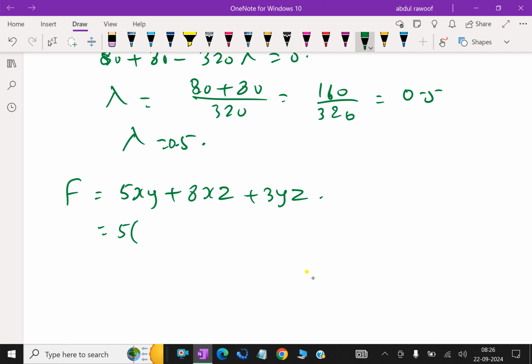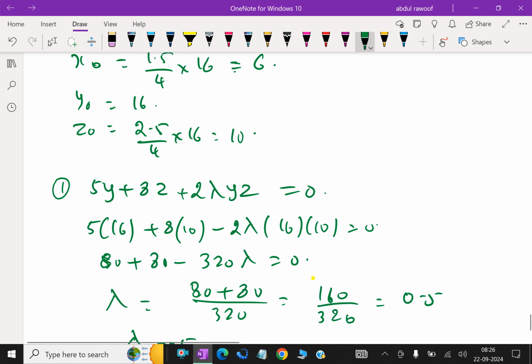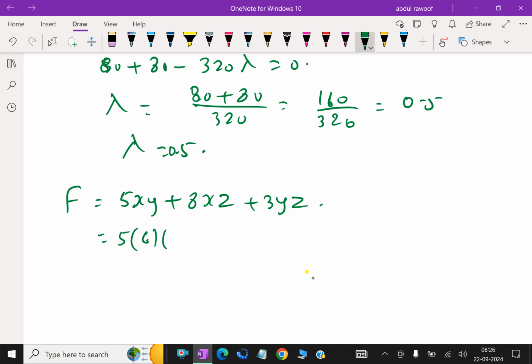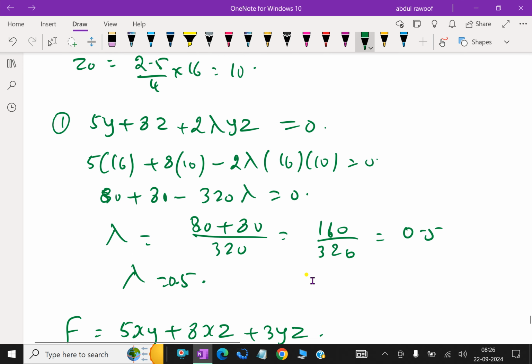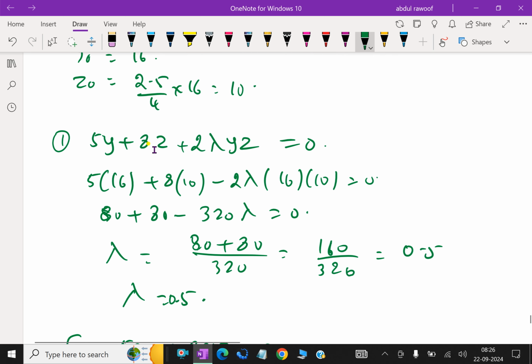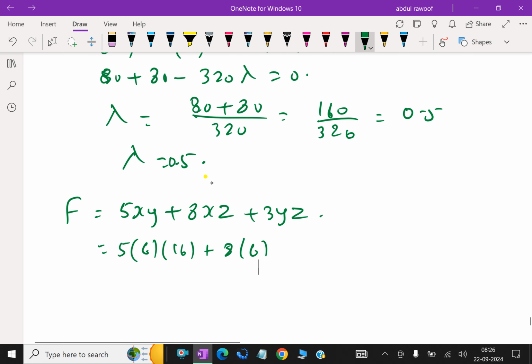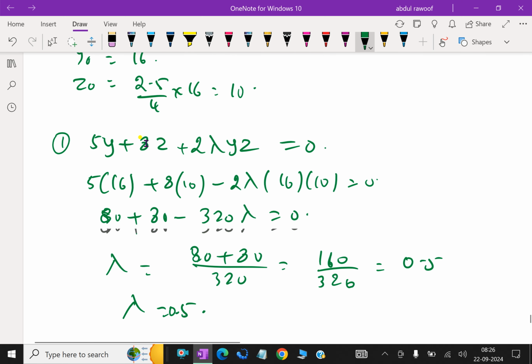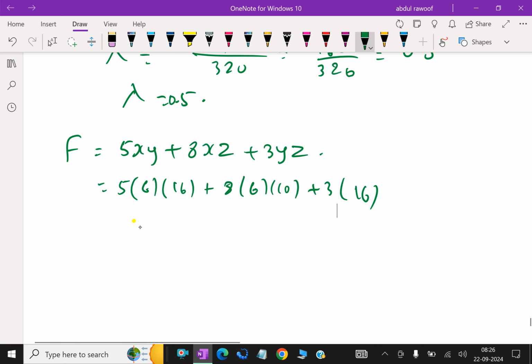Substituting: x value is 6, y is 16, plus 8 into x is 6, z is 10, plus 3, y value is 16, z equal to 10.